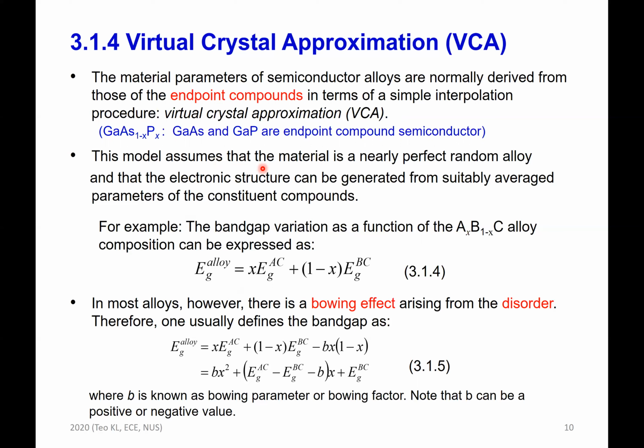The virtual crystal approximation assumes the material is a nearly perfect random alloy. So in gallium arsenide phosphide, the arsenic and phosphorus mix very well in terms of mixing ratio, and the electronic structure can be obtained by suitably averaging the parameters of the constituent compounds, gallium arsenide and gallium phosphide. In other words, the band gap structure can be obtained by taking a weighted average from the endpoint compound semiconductors.